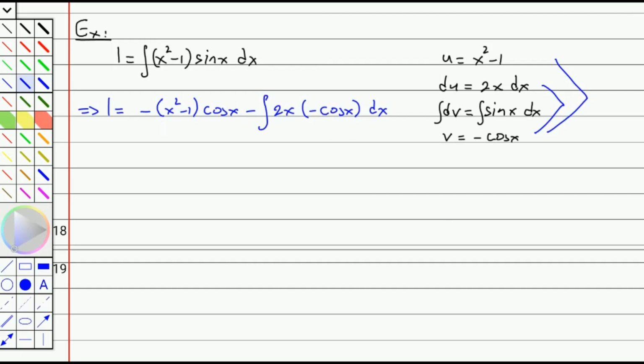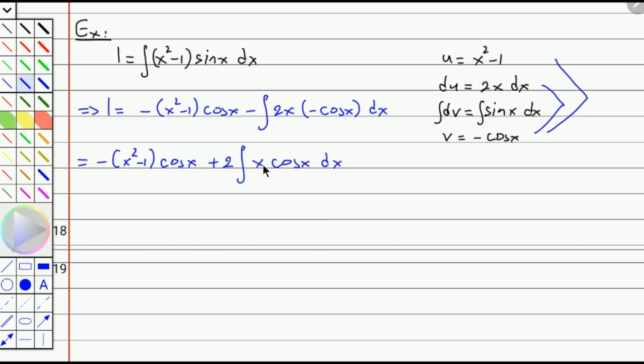Maybe we can tidy this up a bit. It equals minus x squared minus 1 cosine x, then minus times minus is positive, and also the 2 we can take outside. So 2 times the integral of x cosine x dx.